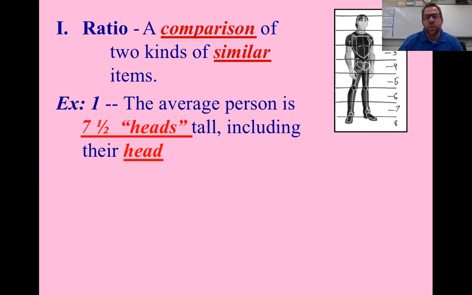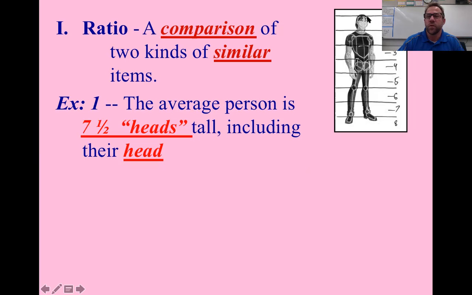So an example here, the average person is 7.5 heads tall, including their head. If you look at this drawing of this full-grown man, if we take the size of his head, or the size of your head once you're full grown, a person's height is about 7.5 heads, including their own head.